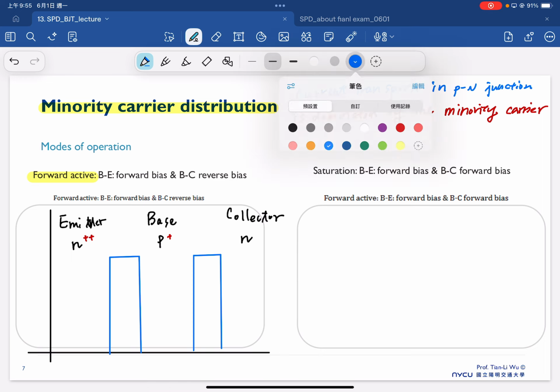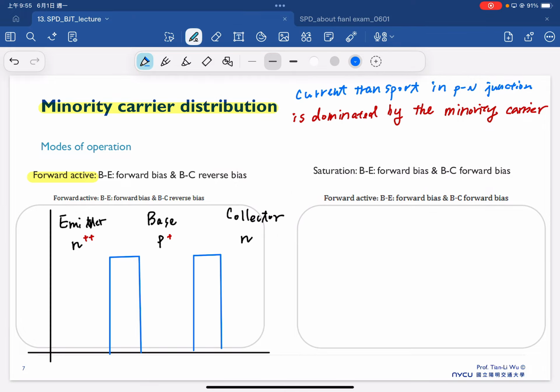Now we put the x-axis here, where x equals 0, and the width of the base is called xb, so this is x equal to xb.